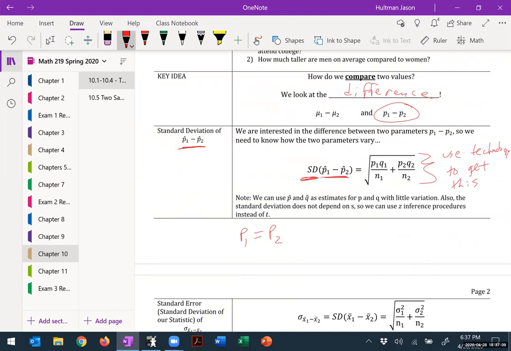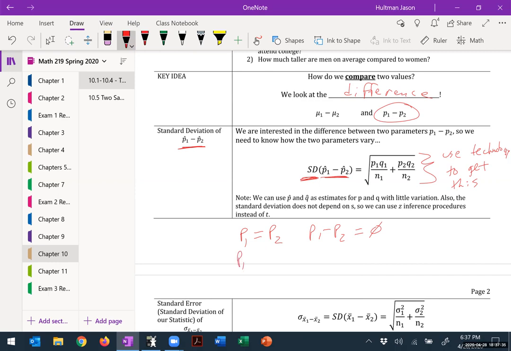When I subtract the two, P1 minus P2, wouldn't that be equal to 0? If the proportions in the two populations are the same, say 0.3 is equal to 0.3, wouldn't the difference be 0? Yeah, it would be 0.